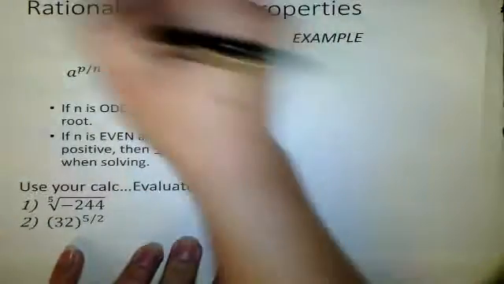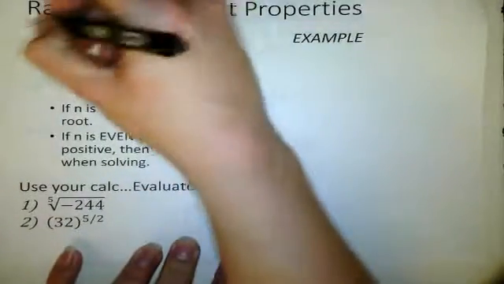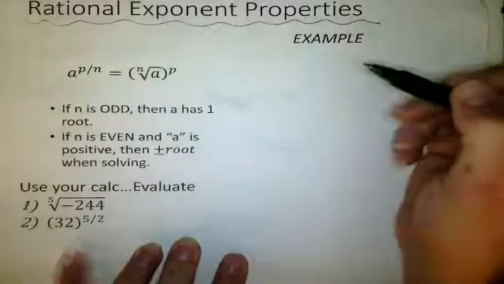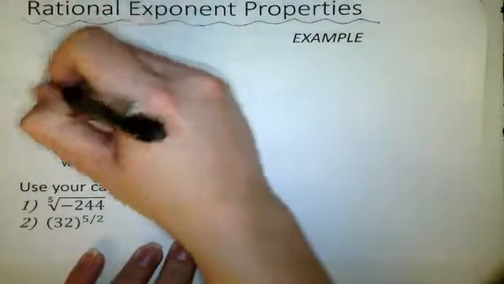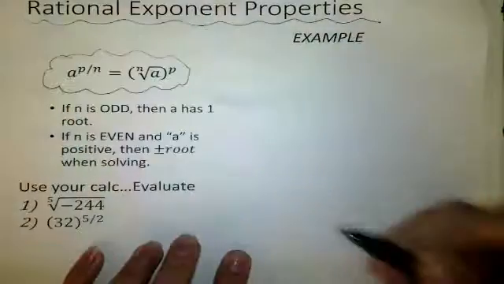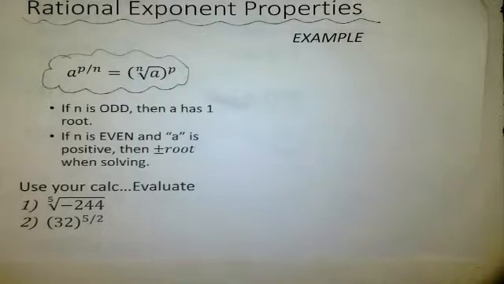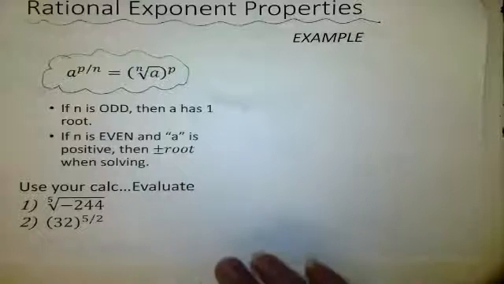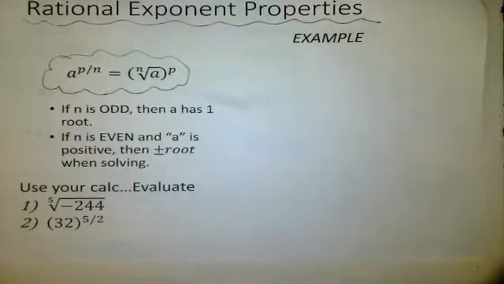Rational exponent properties. This is really important here: a to the p over n. It turns out that on that first page, all the exponents you saw, the superscript numbers, were what we call integers.